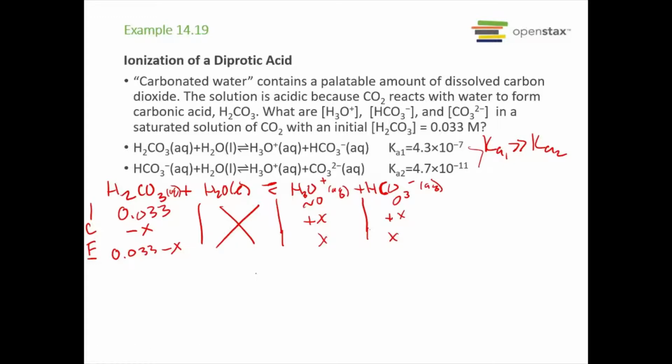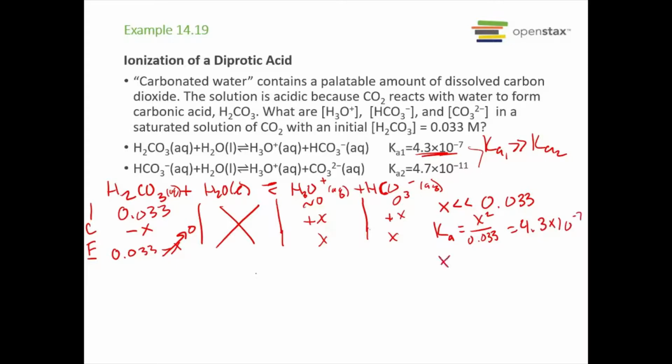And we can go ahead and assume that X is much, much less than 0.033. Looking at that Ka value, it's super small. So that becomes 0. Our Ka then is equal to X squared over 0.033. And we were told already what Ka is, and that's 4.3 times 10 to the negative 7.